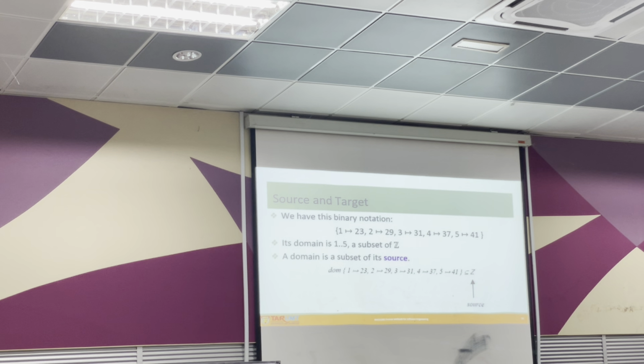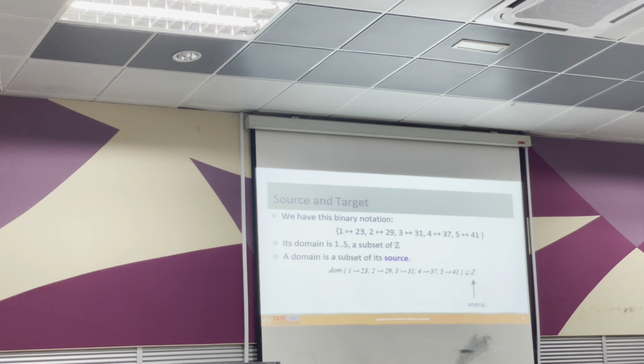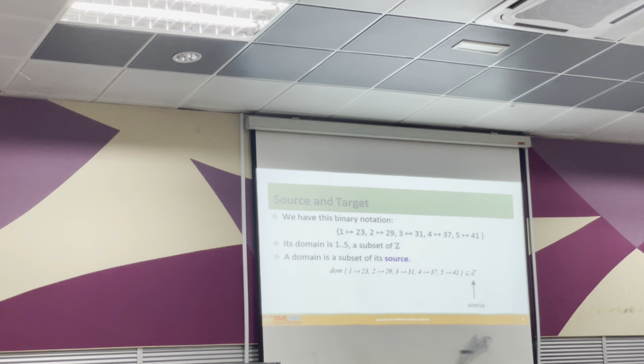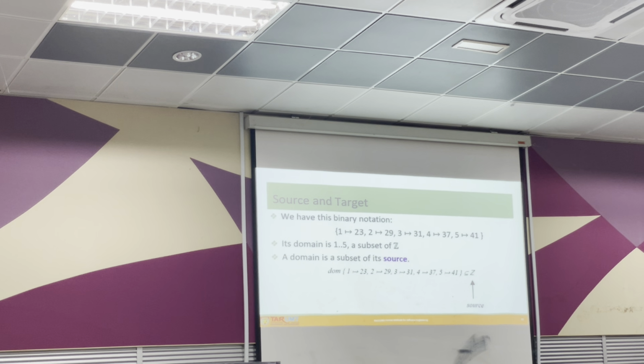When we are talking about target, we are talking about the range data. But these two are not keywords, compared to first, second, and domain, range. Domain and range are DOM and RAN. First and second, DOM and RAN are the keywords. Source and target are not keywords.